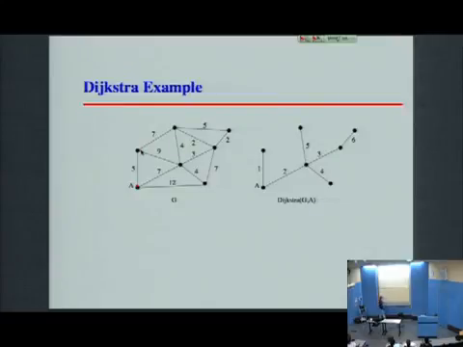What is the shortest path from S to every other vertex? I claim the shortest path to this vertex is of weight 2. The shortest path to this vertex, let's make this 1. So everybody see that this is a shortest path to this vertex? Let's give this one an edge of 4.